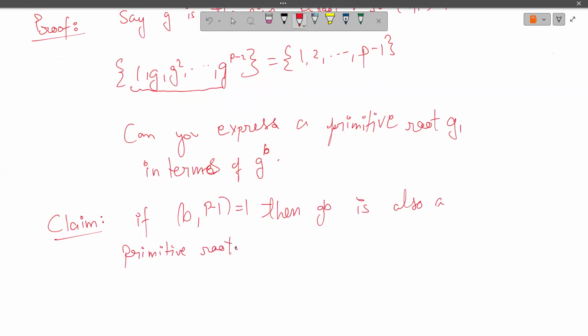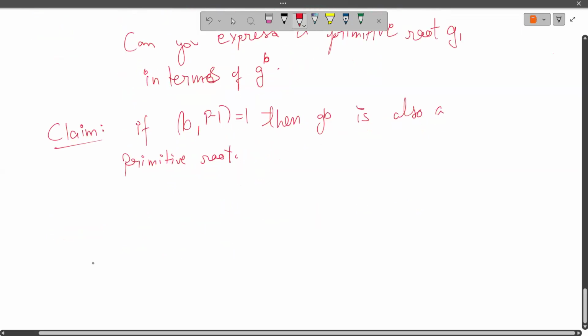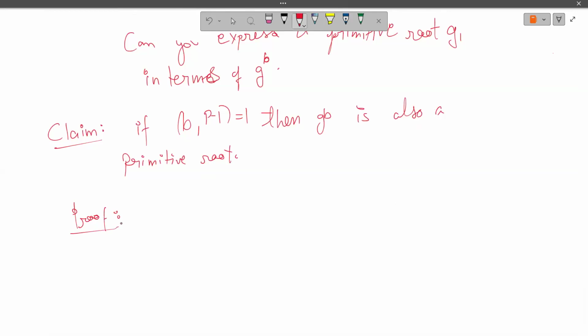Anyone interested in proving this? Or anyone who wants me to prove this? Or is this clear?